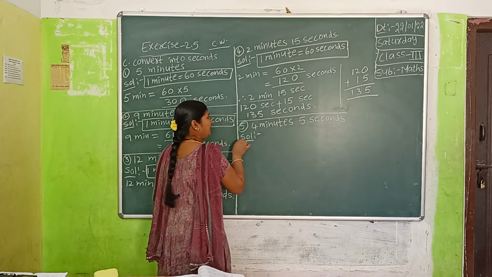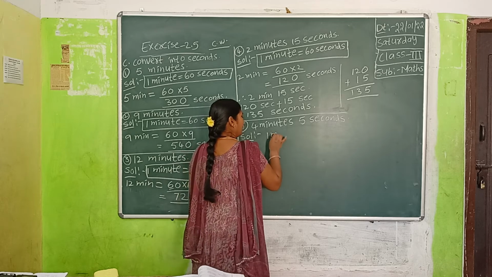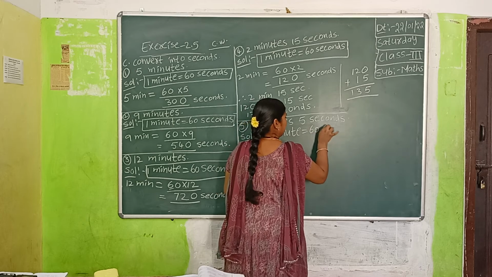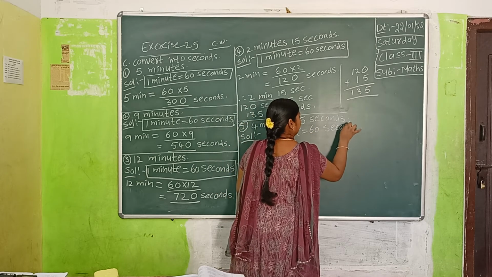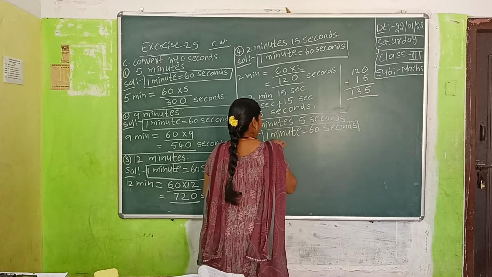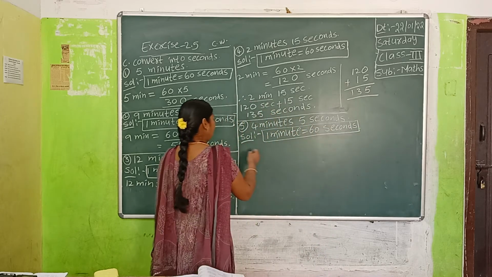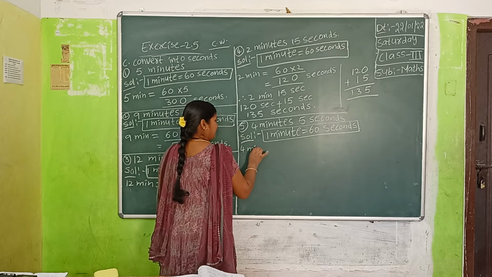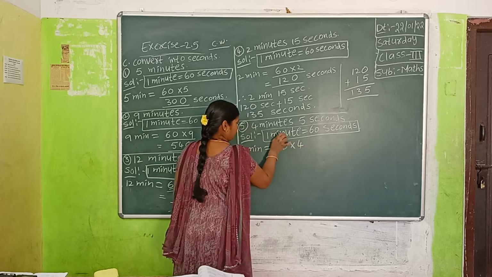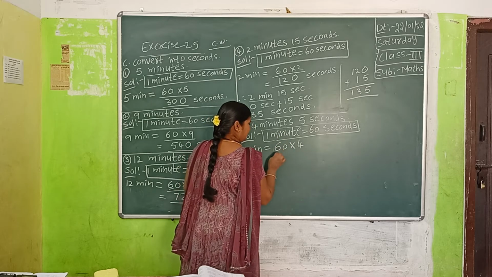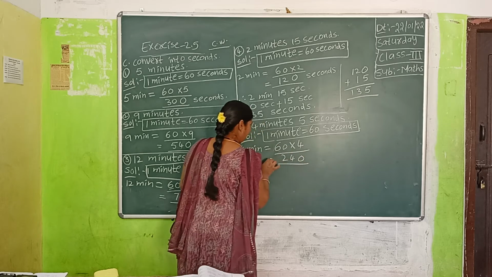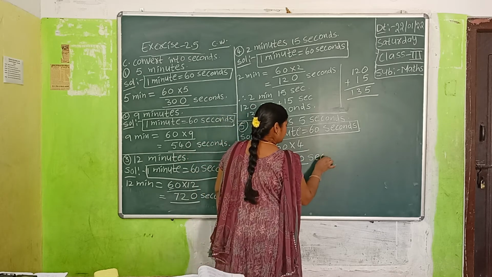First write down the minutes and seconds formula. 1 minute equal to 60 seconds. Okay. Now convert 4 minutes into seconds. 60 into 4. 4 into 0, 0. 4 sixes are 24. 240 what? Seconds.